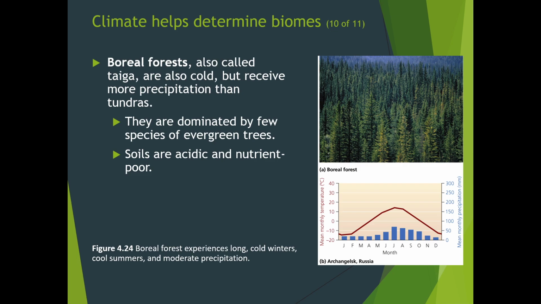The XL pipeline is all about getting that tar sands oil down here, and that tar sands is in this acidic, poor soil, and we're chopping down trees and basically taking a bulldozer and scraping up all the soil, separating the tar, which is the oil, from the sand, which is the soil, and putting it in our cars and driving. All right, so we're messing up this biome as well.